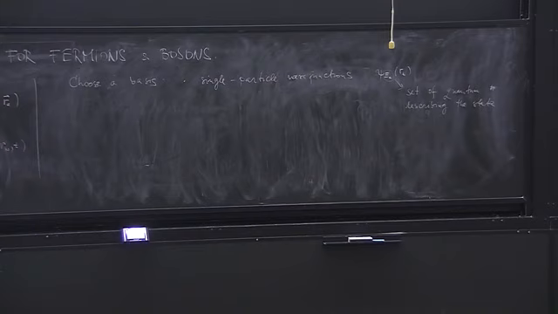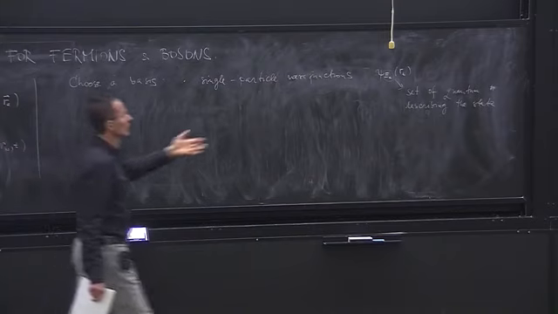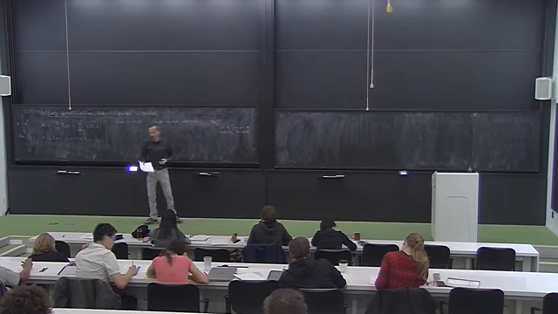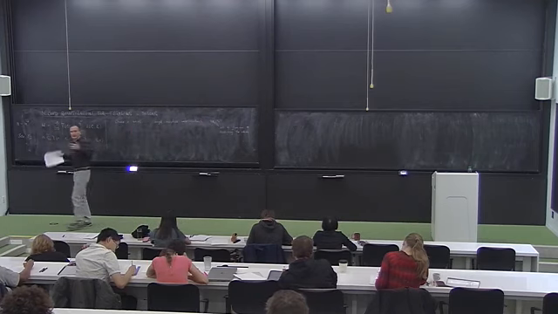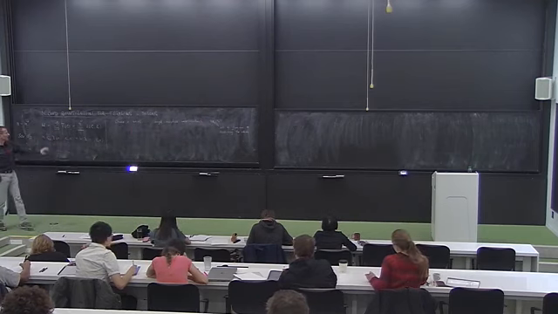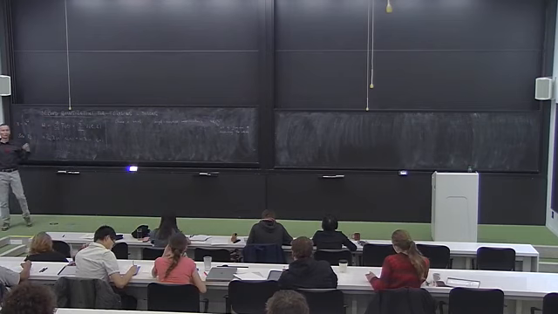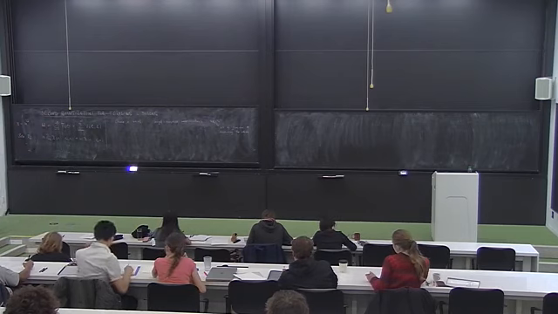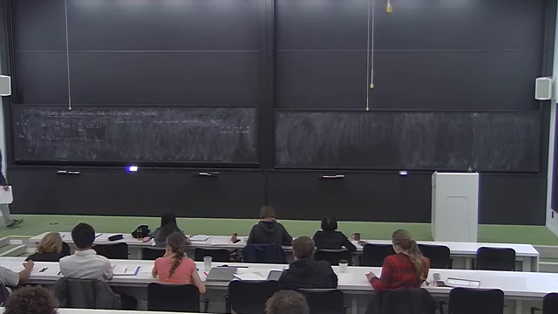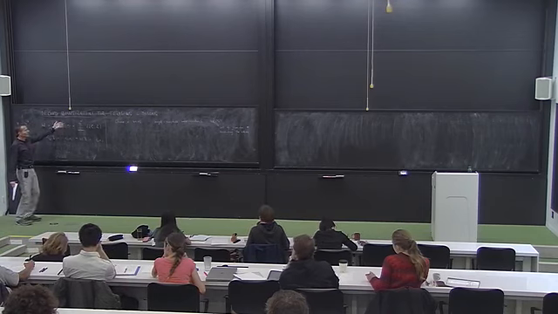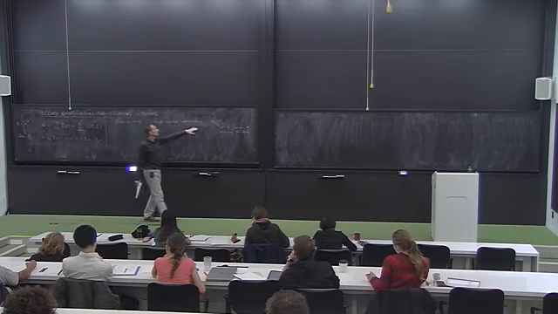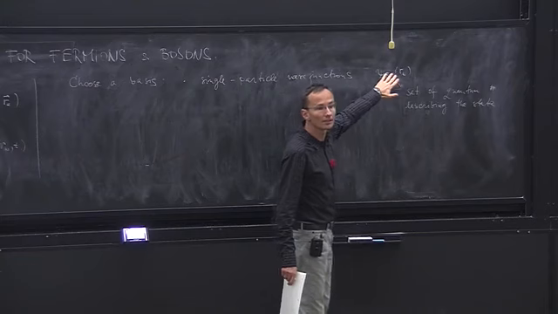Okay? However, it might be more convenient to describe this system in a basis of harmonic oscillator wave functions. For instance, if your many-body system is a system of cold atoms in a trap, then you have this trapping potential, which is harmonic. So this would be then the quantum numbers of the harmonic oscillator, right?